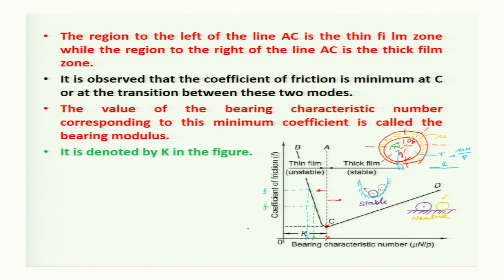Now, with the reduction in coefficient of friction, the viscosity of the liquid changes and it becomes more viscous. We know that with the increase in temperature, the viscosity of the lubricants decreases, and with decrease in temperature, the viscosity of the lubricant increases.